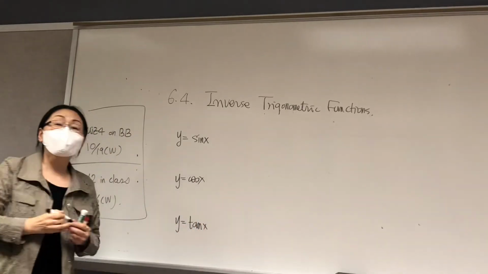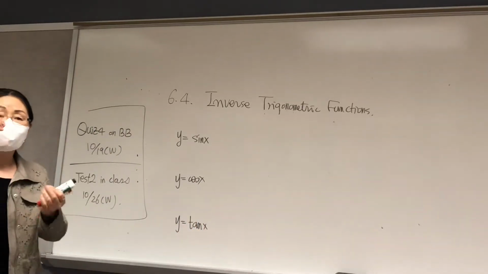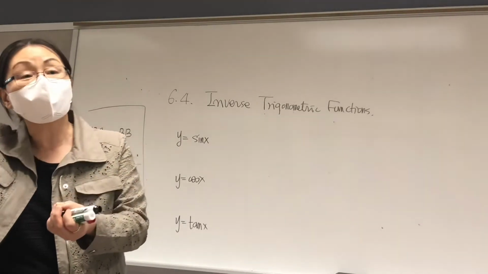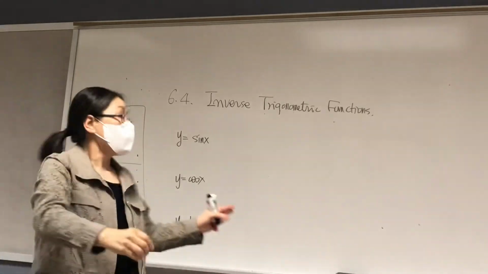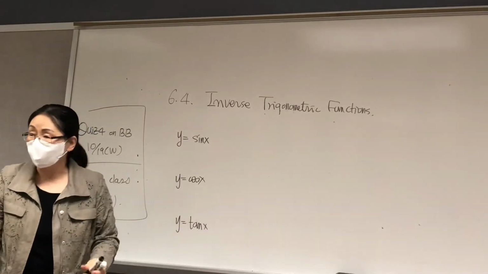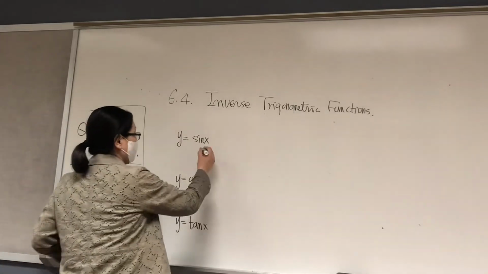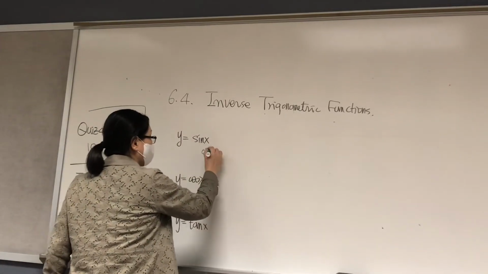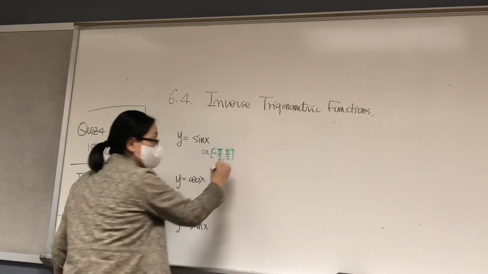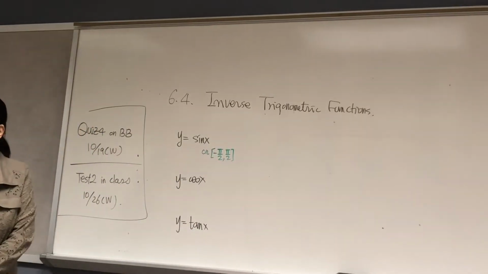To discuss inverse functions, you have to choose only one segment to satisfy one-to-one. Original sine, original cosine, original tangent are not one-to-one. But we only consider sine from this interval, and then this is one-to-one. I showed the picture before.